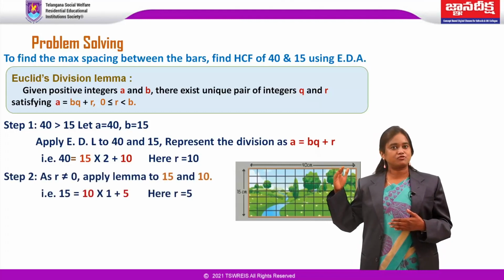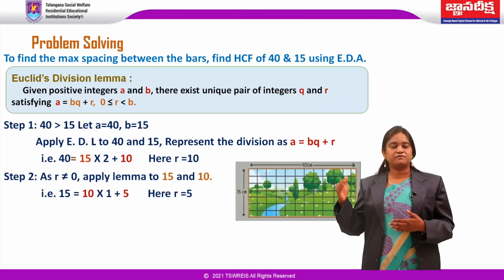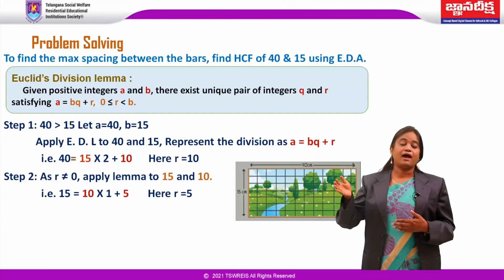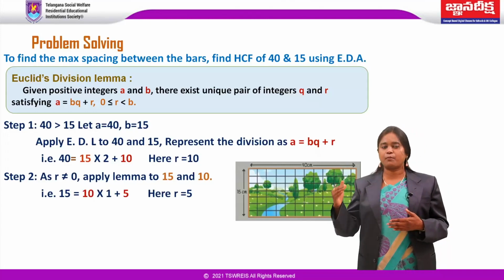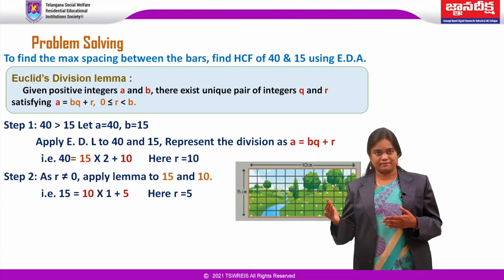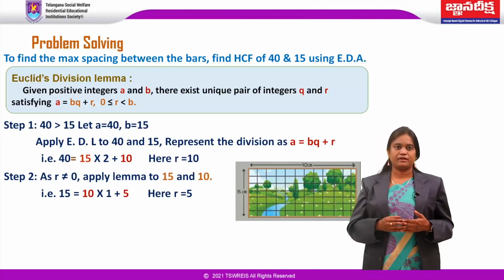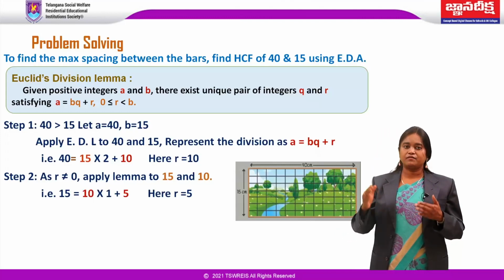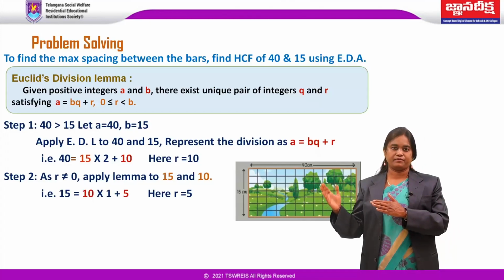Step 2. Here the remainder is 10. As the remainder is not equal to 0, apply the lemma to the divisor in step 1 and the remainder. The divisor in step 1 is 15 and the remainder is 10. So divide 15 by 10 and we represent it as 15 = 10 × 1 + 5.